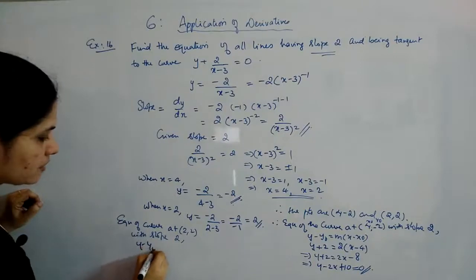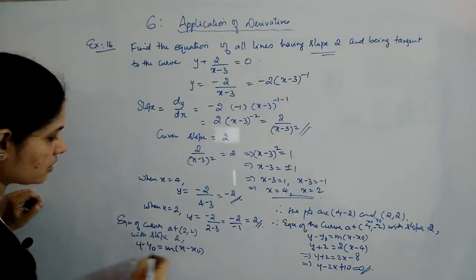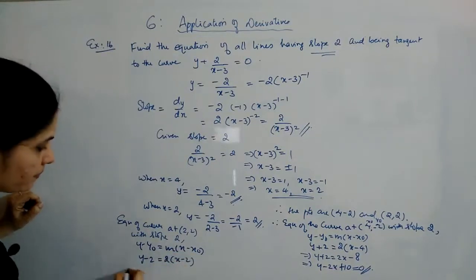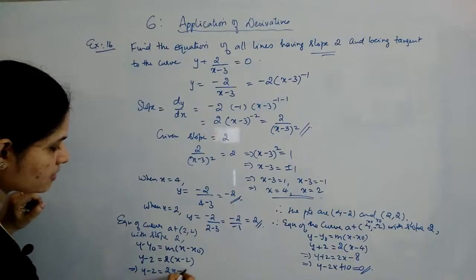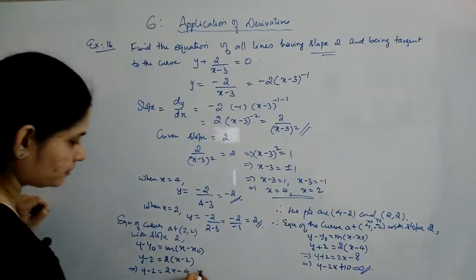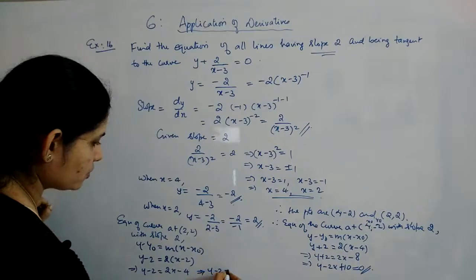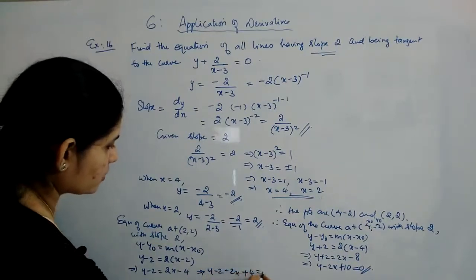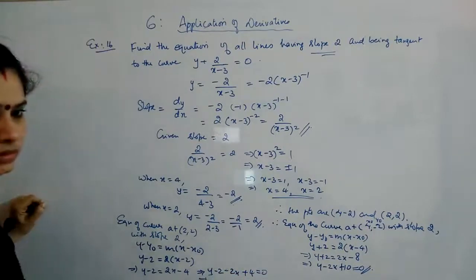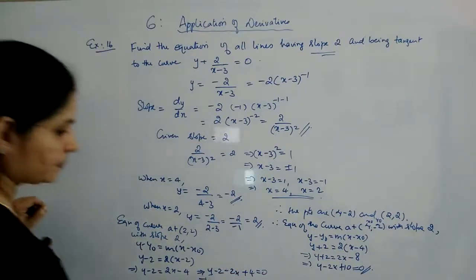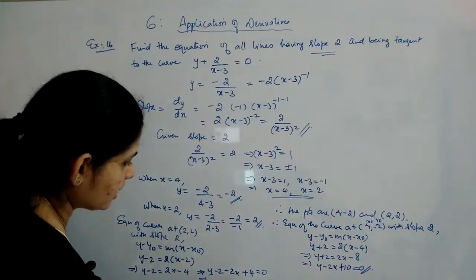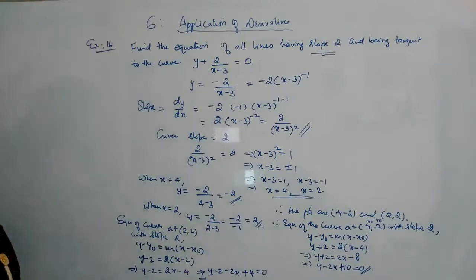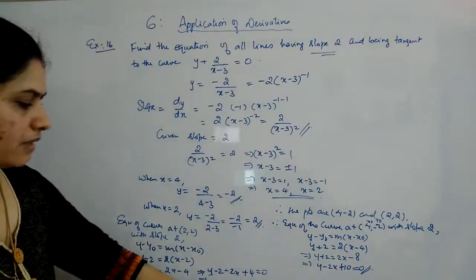Using y minus y naught equal to m into x minus x naught, so y minus 2 is equal to 2 into x minus 2, which will give you y minus 2 is equal to 2x minus 4, or y minus 2x plus 4 minus 2 equal to 0, or you'll get y minus 2x plus 2 equal to 0. So here you can see that the two equations have the same x and y coefficient, but they differ only by a constant.